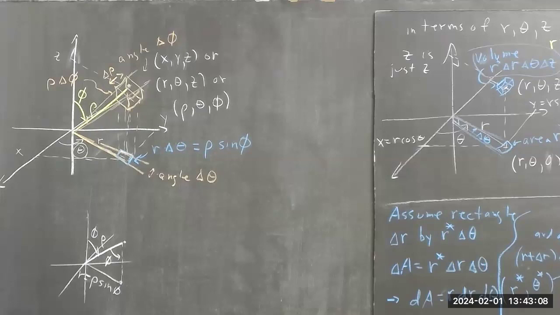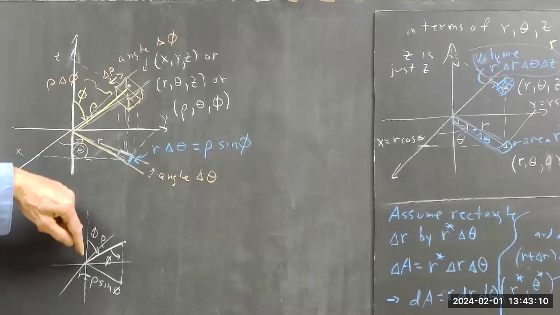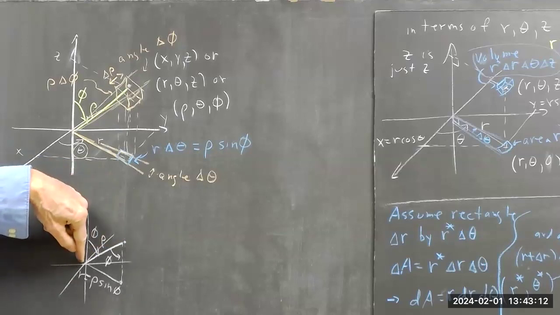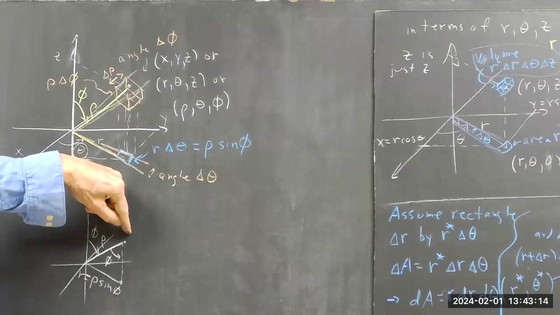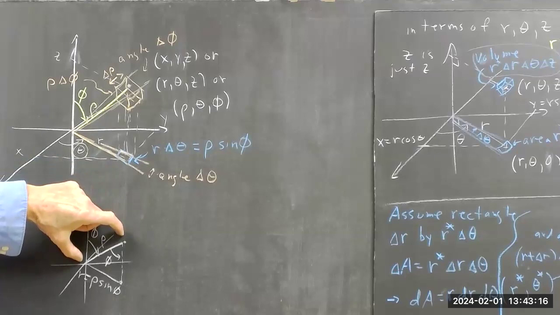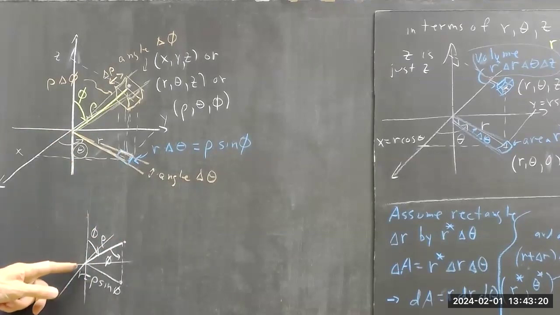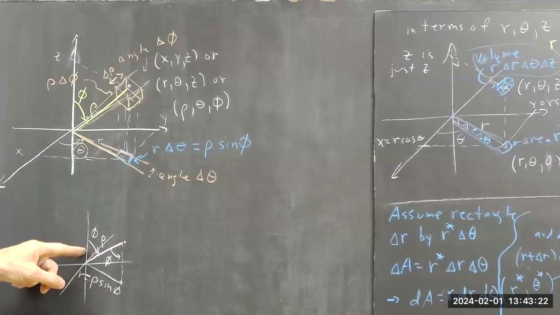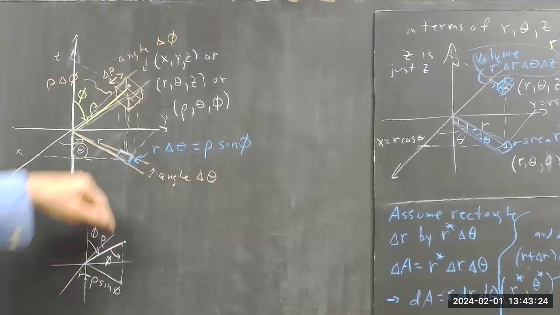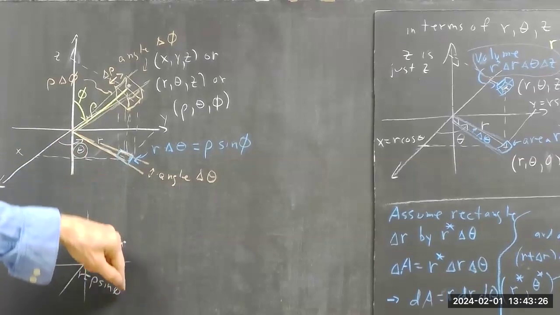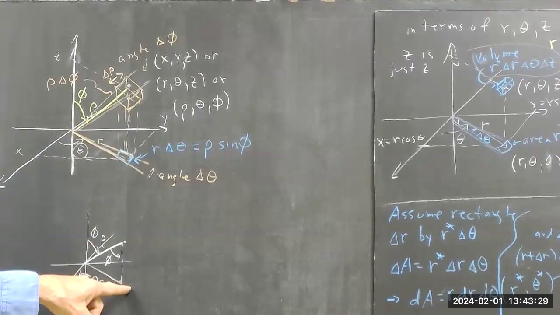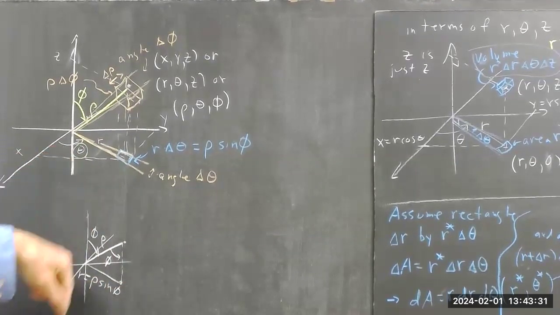Let me just say what I need to say again. This segment goes from the origin out to whatever your point is. Its length is rho. The angle between the z-axis and this line is phi. This line that projects the point down to the xy plane is parallel to the z-axis.